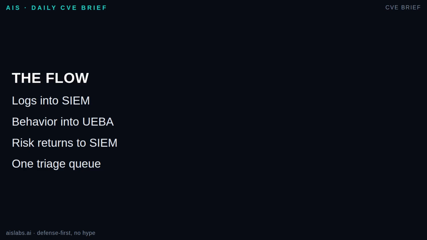Third, UEBA assigns risk to users and entities when activity moves away from that baseline. Fourth, that risk score returns to the SIEM as enrichment. Now a SIEM rule can say, successful login plus sensitive file access plus high user risk equals a stronger alert. Finally, the SOC works one triage queue.